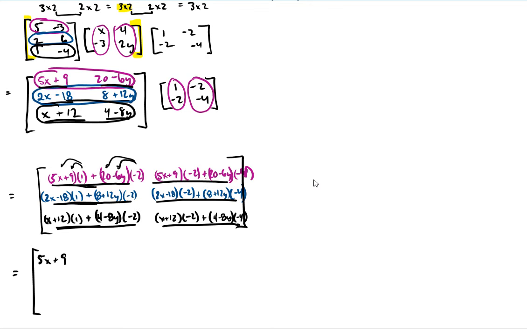And then the negative 2 distributes, and negative 2 times positive 20 would be minus 40. And then negative 2 times negative 6y would be positive 12y. So there's our first element so far. Let me go ahead and we'll even underline it, and we'll set up our space again.